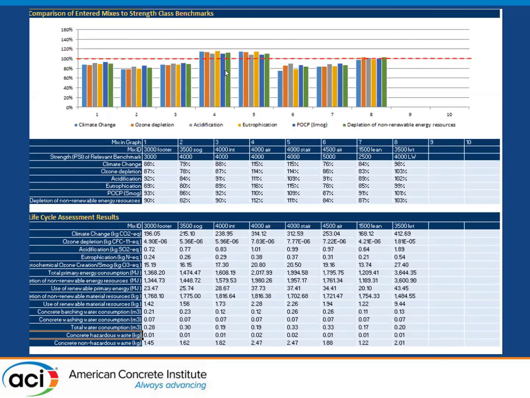However, what we can do is go in with that designer and say, as a ready mix producer or as a contractor or a concrete manufacturer, we can reduce our emissions on this if you allow us in the specification to start using items such as slag, and show that reduction in those numbers and be able to work on changing that. And then we can see when we're using that 4,500 with air, in this case it was a mix with 30% slag, and we can see that we reduced it compared to the industry average.